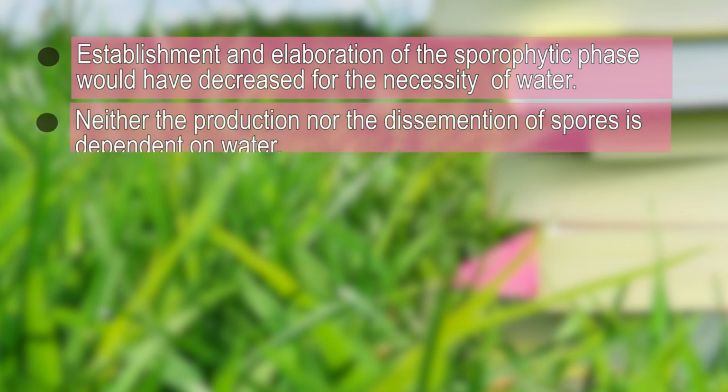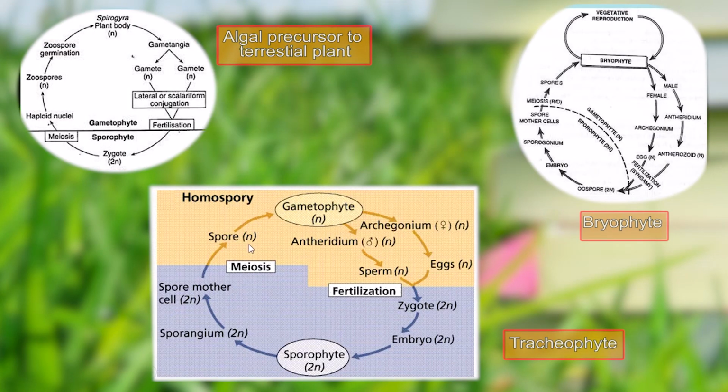Neither the production nor the dissemination of the spores required water. We can have a look at this picture. In this first one, this is the life cycle of an aquatic plant. You can see here that the gametophytic phase is very much elaborated and the sporophytic phase is restricted to the formation of the zygote.